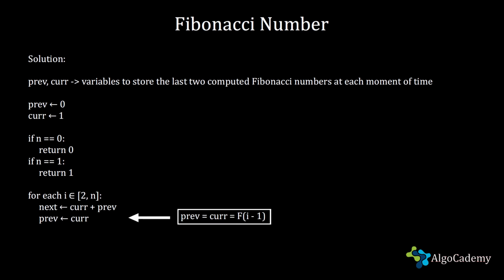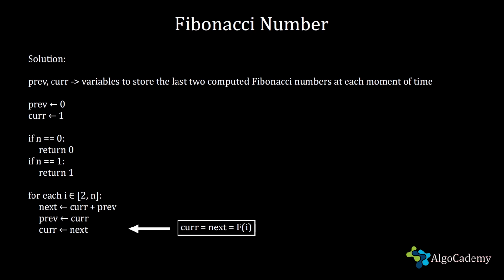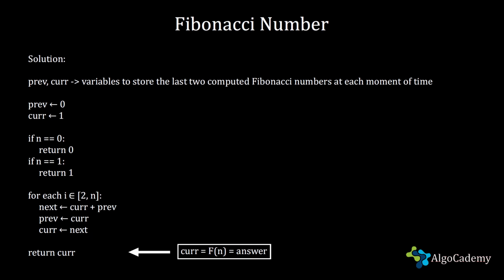Then, we will update previous with current, so previous is now fi-1, and then we will update current with next, so current now is fi. After the for loop terminates, previous will store the value of fn-1, and current will store the value of fn, which is the desired answer, so we will return current.